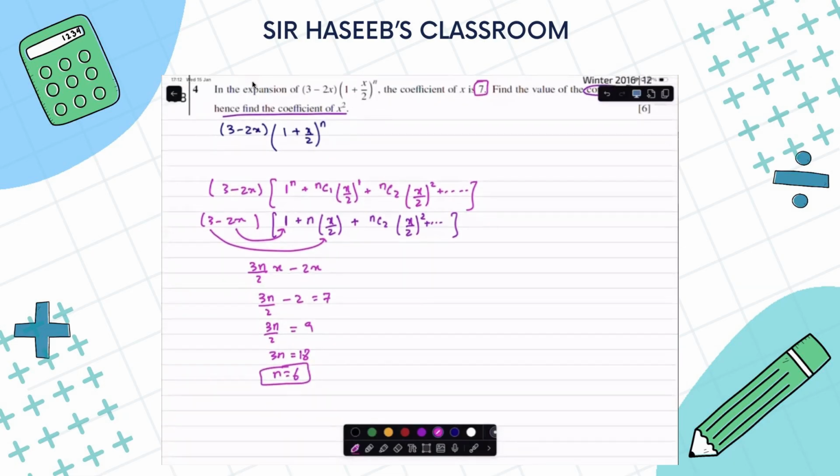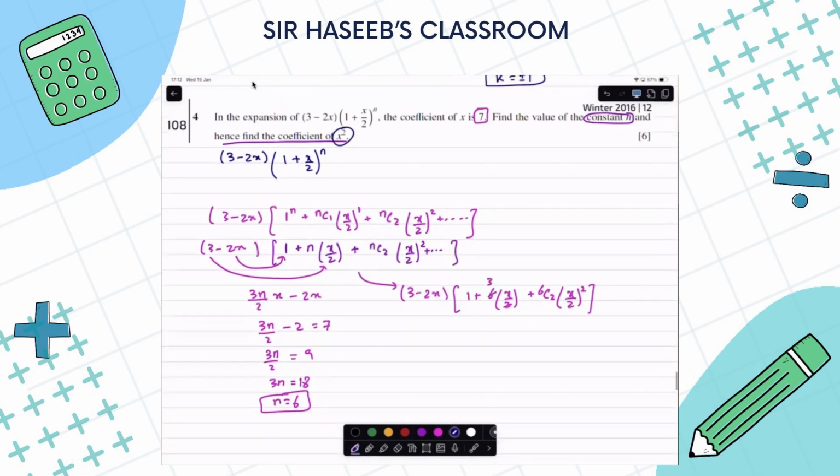So now this thingy becomes 3 minus 2x times 1 plus 6 times x over 2 plus 6C2 times x over 2 square. Got it? Now, if you need the coefficient of x square, that's simple.